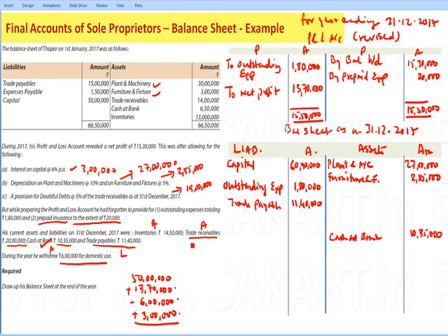Now we have something called trade receivable, we have something called inventories, and we have something called prepaid insurance. Okay, so how about inventories? Let's find out how about inventories. Here is inventories. So inventories is 1450. Alright, so let's write now.